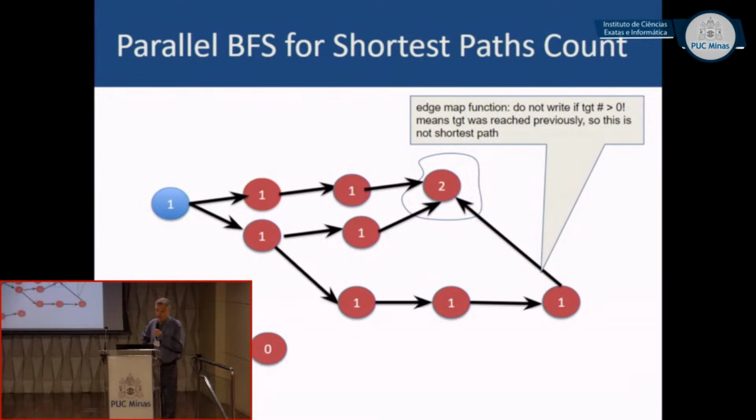So this current arrival at the node is not along the shortest path, and we're not going to write the 1 from the source of the edge into the target. We stay with 2.